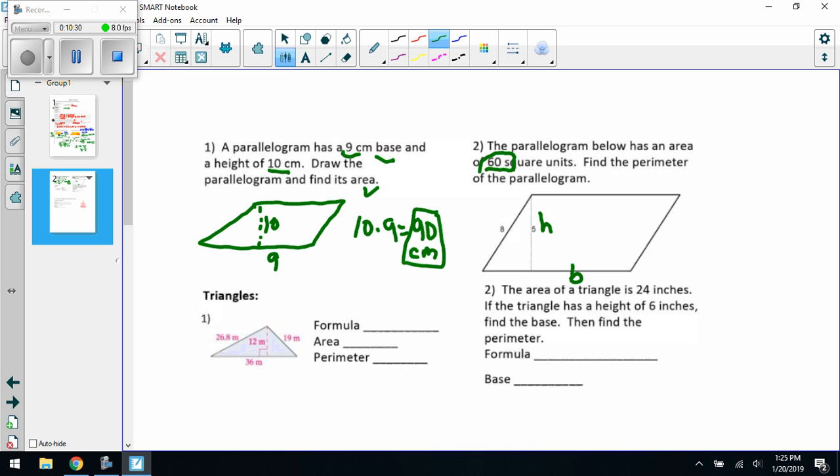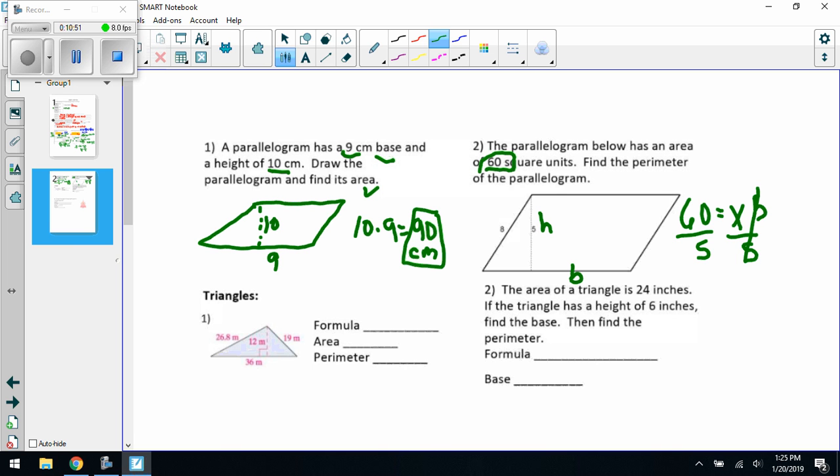Since we know that the area is 60 and we know that the height is 5, but we don't know the base, we're going to give the base a variable x, and we know the height is 5. So now we just have a one-step equation.